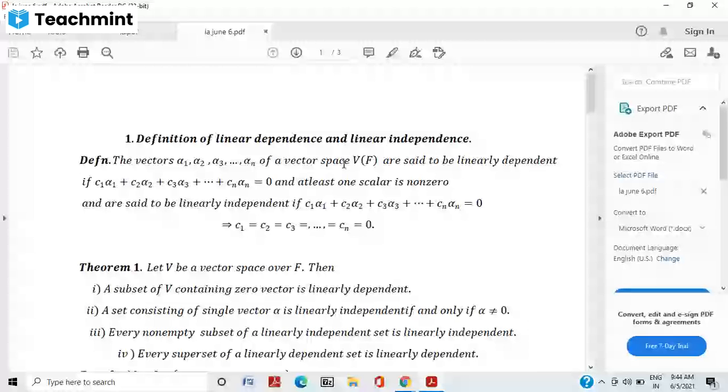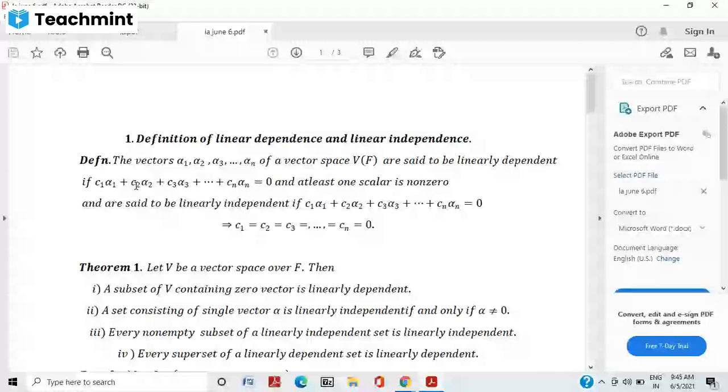Just assume that instead of taking all the elements, we take 3 elements: C1 alpha 1 plus C2 alpha 2 plus C3 alpha 3 equals 0. Assume C3 is 0. Then what do we get? C1 alpha 1 equals minus C2 alpha 2.